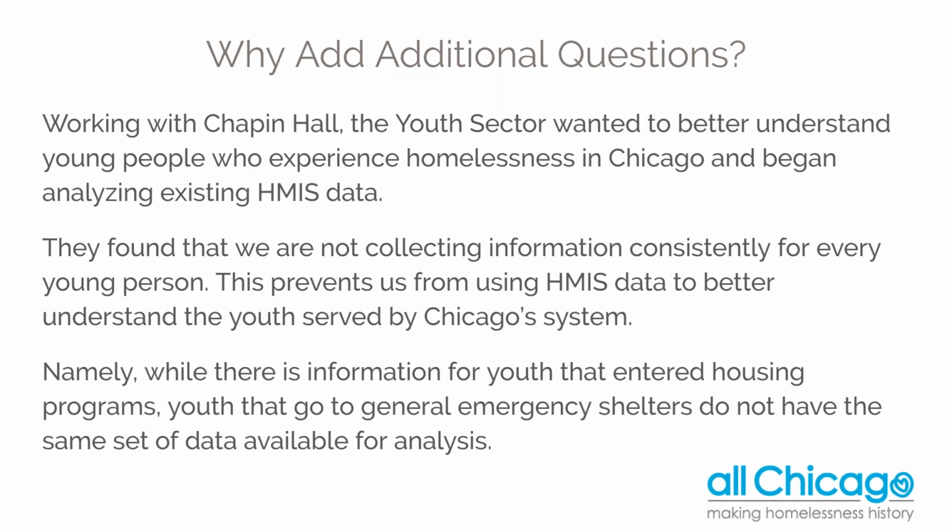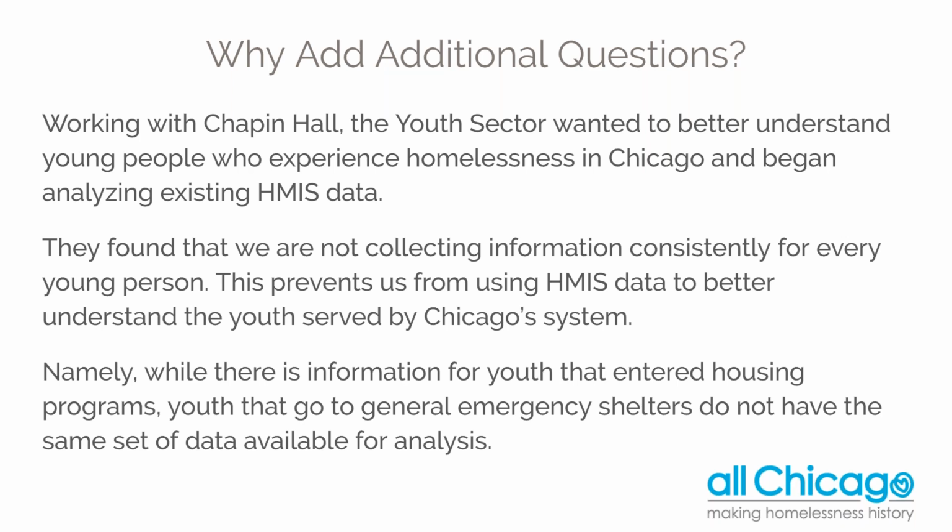So one thing to note is that when a young person goes to an emergency shelter that's funded through youth dollars, that's funded as a youth project, that youth is going to have a different set of questions asked for them as opposed to a client that may go to an emergency shelter that's designated for just a general population, right?